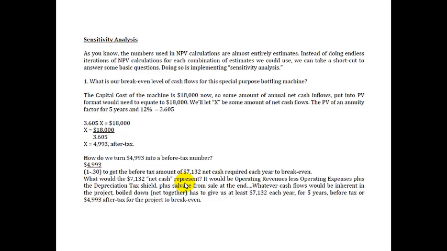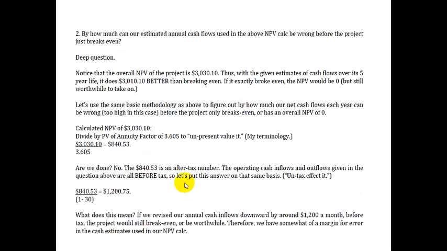Okay, one more sensitivity analysis type of question. Number 2, by how much can our estimated annual cash flows used in the above net present value calculation be wrong before the project just breaks even? That's a rather deep thought, isn't it?